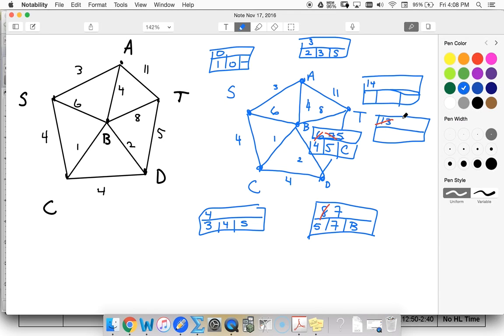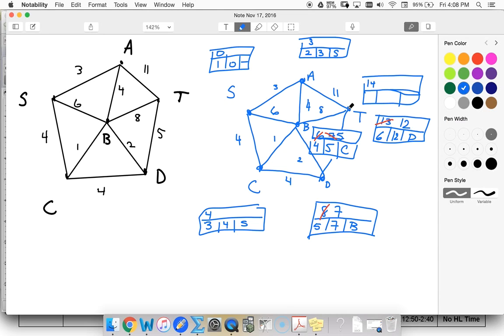That is my shortest distance, so I'm going to take that one. This is my 6th label. I came from vertex D, and my distance is 12. So the length of the shortest path is 12.